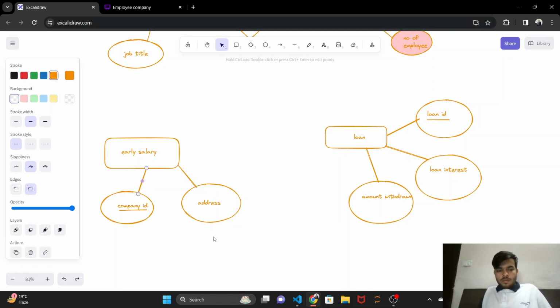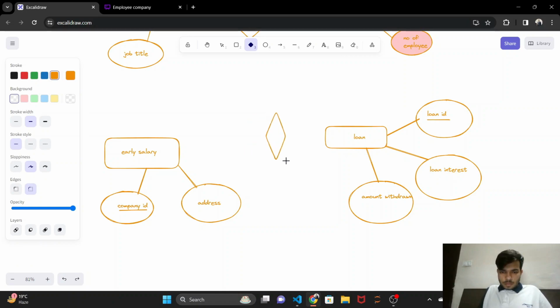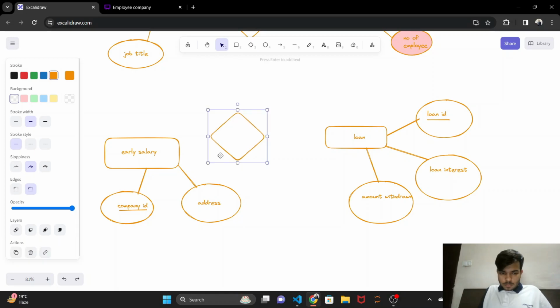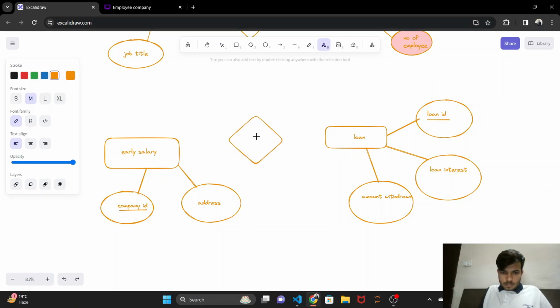So next we have to define relationship between these entities. So we'll be using this shape.